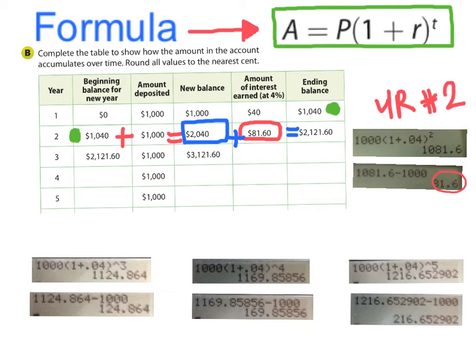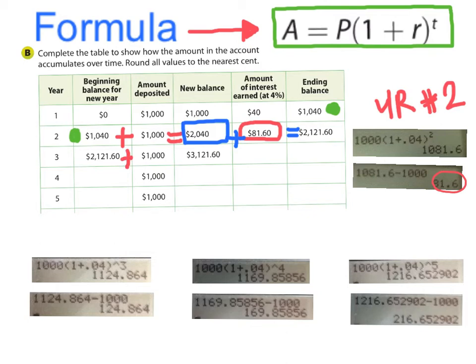So I know this is a little bit tricky. It's a lot of stuff going on. We're going to be spending several days on this. We are going to look at year 3 now. The ending quantity in year 2 is going to be the beginning balance of year 3. Once you know this quantity, if you want to go ahead and fill in the new balance, you could do that.